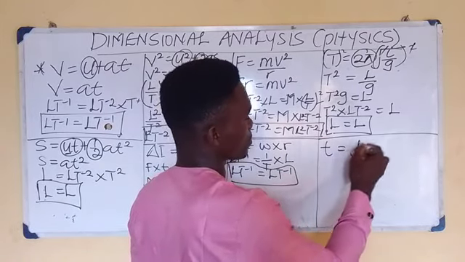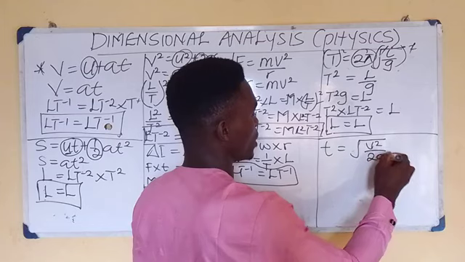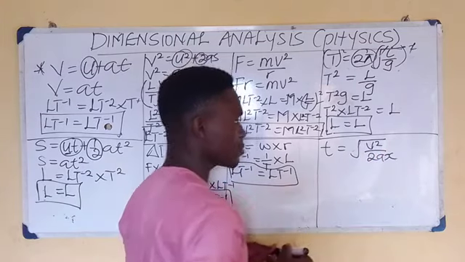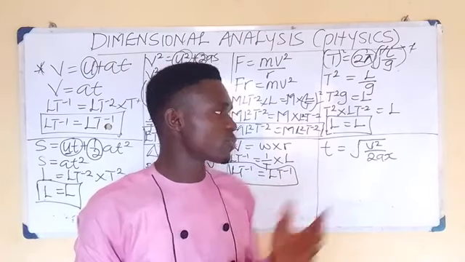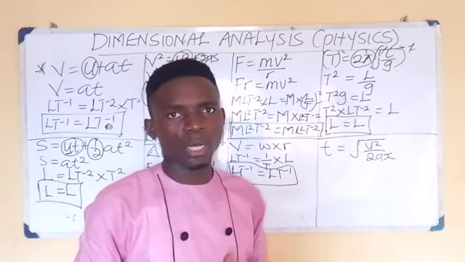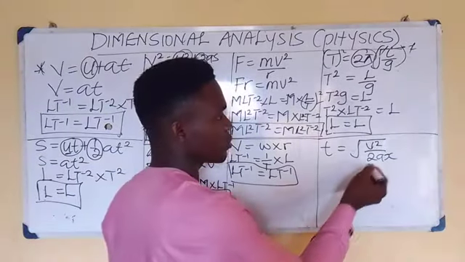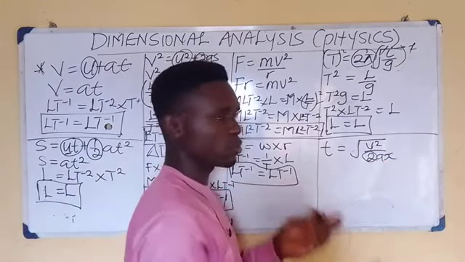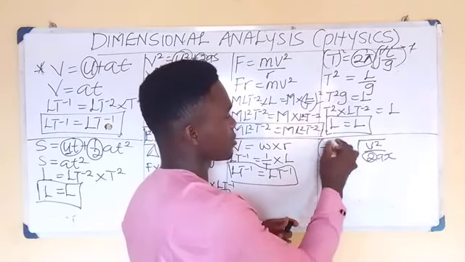Okay, so let's also deduce this one. T equals big root V squared over 2AX, where X represents distance. How do I go about this? Don't forget you have to neglect the 2; it is not to be considered. Because of this big root, you have to square both sides.